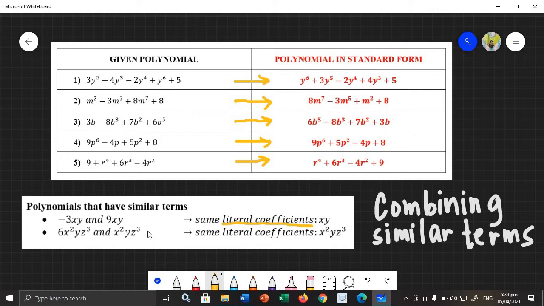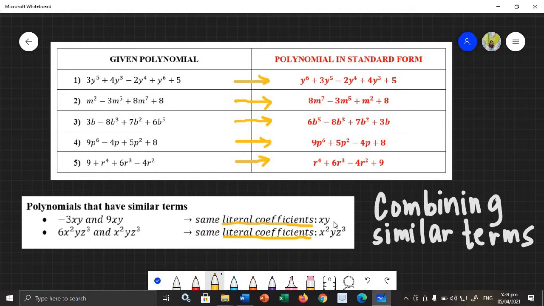Okay? And then on the second one, 6x raised to the 2nd power, y, z raised to the 3rd power, as well as x raised to the 2nd power, y, z raised to the 3rd power, are considered similar terms because their literal coefficient is the same, which is x squared y, z raised to the 3rd power.